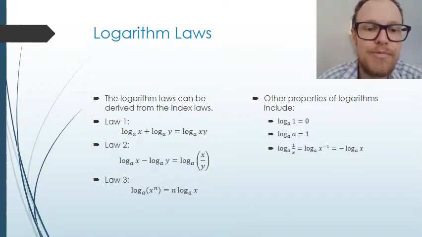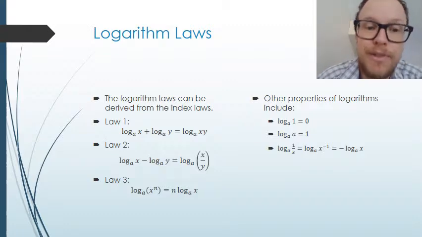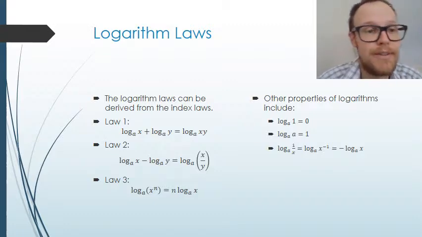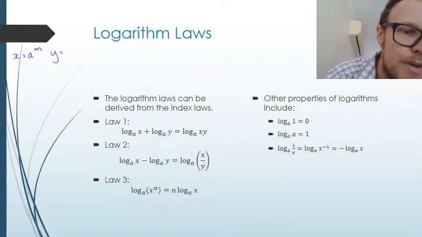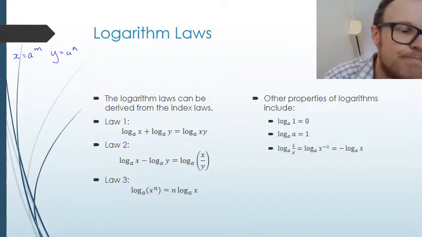So if we're looking at deriving these now, I'll look at the first law first. Let's say that x is equal to a to the m, and y is equal to a to the n.